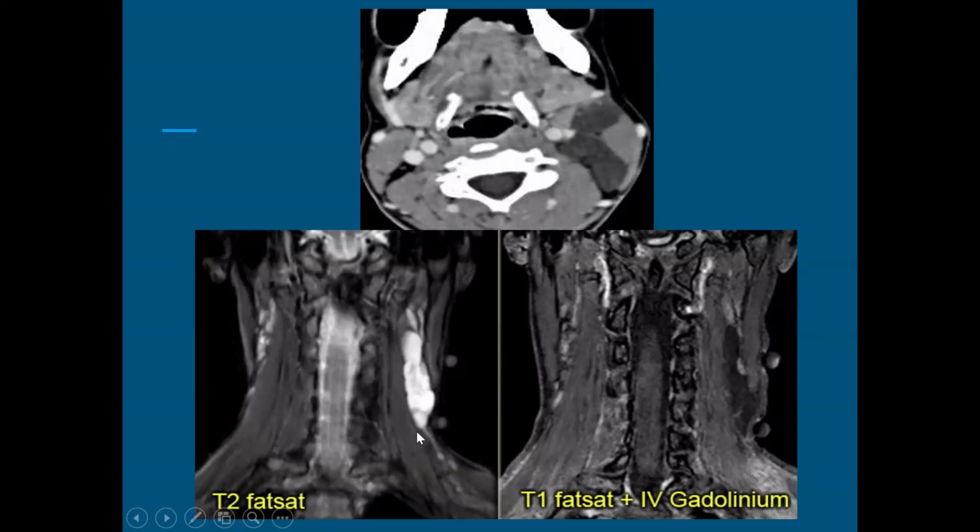We can see this multiloculated hyperintense lesion, and on the corresponding contrast images, it is not showing any significant contrast enhancement. So a fluid signal lesion in the posterior cervical space, a very common lesion in this space, is a lymphatic malformation. This is a case of lymphatic malformation in the posterior cervical space.